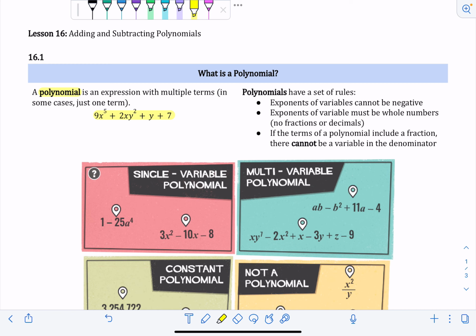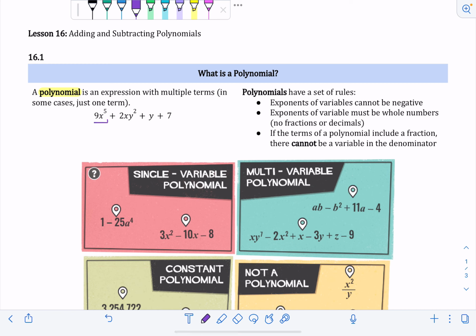It's an expression with multiple terms, and terms could be a new word. It could be a word that you hear sometimes, but you're not exactly sure what it is. In this case, terms are just pieces of the polynomial that are separated by a plus or minus. If it has a minus in front of it, it would just be a negative term.